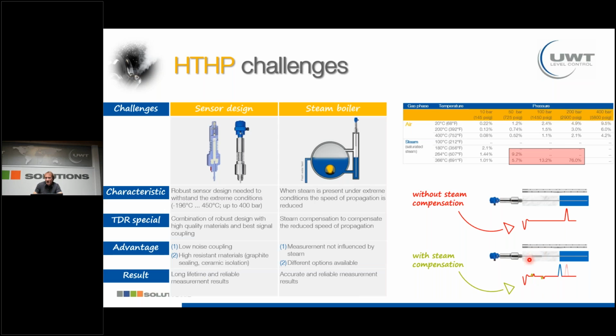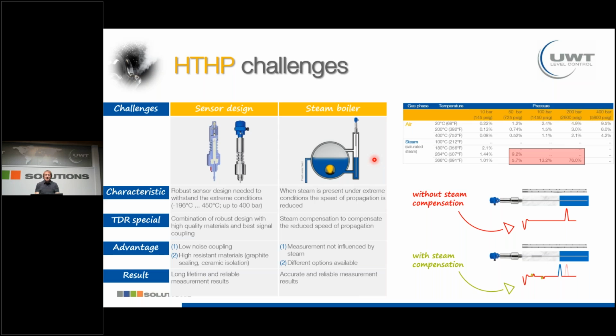An additional small tube is installed, we get a reference signal, and with this element we get reliable, very accurate measurement results, even in such challenging and extreme applications with these extreme conditions and with steam superimposed over this liquid surface.